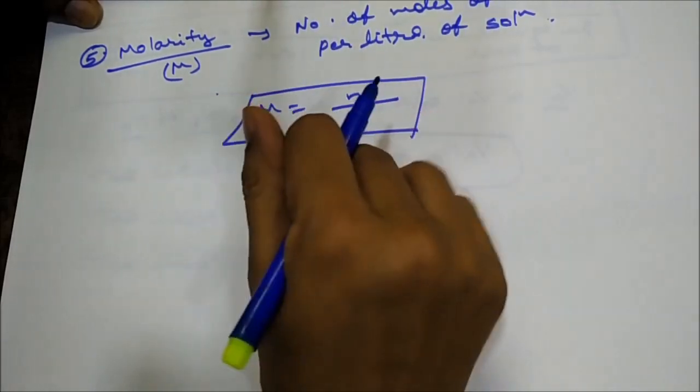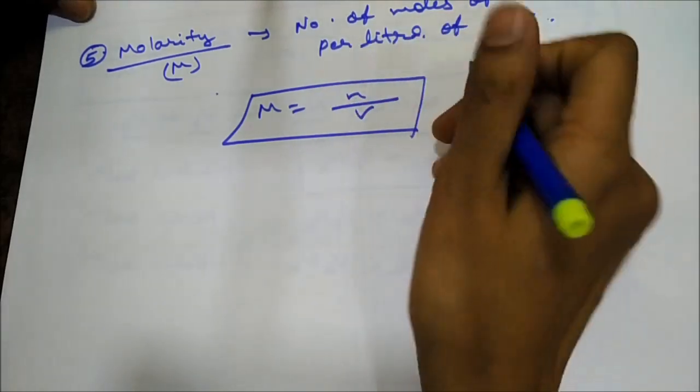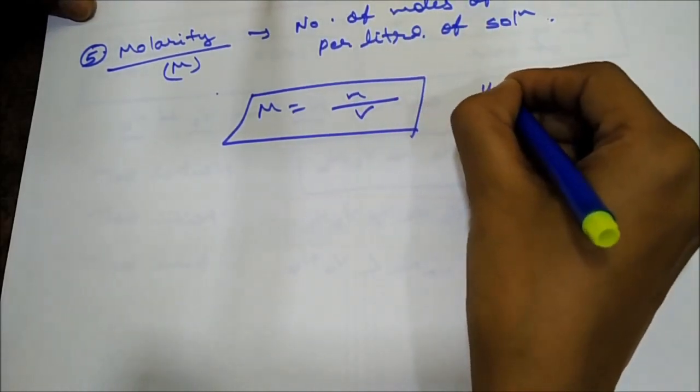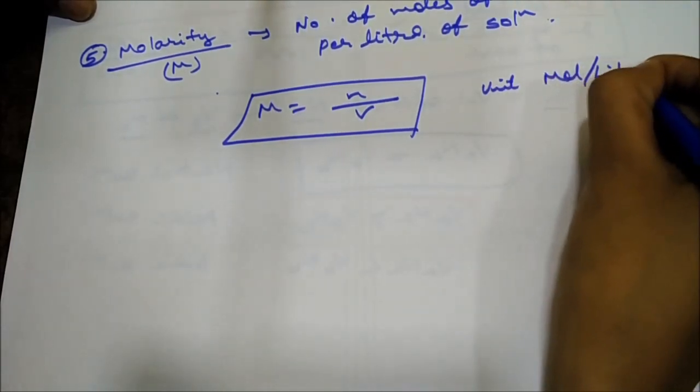This is the formula for calculating molarity of a solution, and its unit is mole per liter.